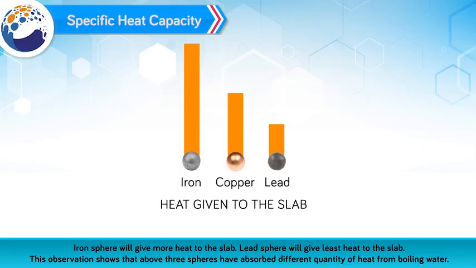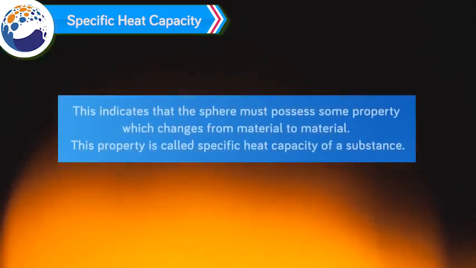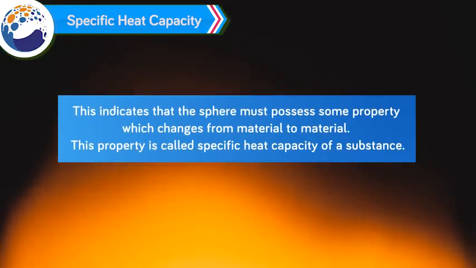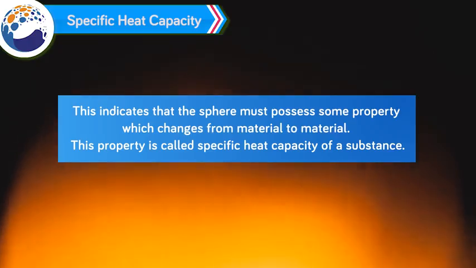This observation shows that the above 3 spheres have absorbed different quantities of heat from boiling water. This indicates that the sphere must possess some property which changes from material to material. This property is called specific heat capacity of a substance.